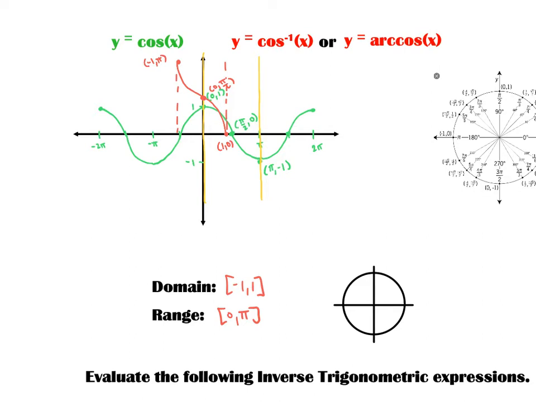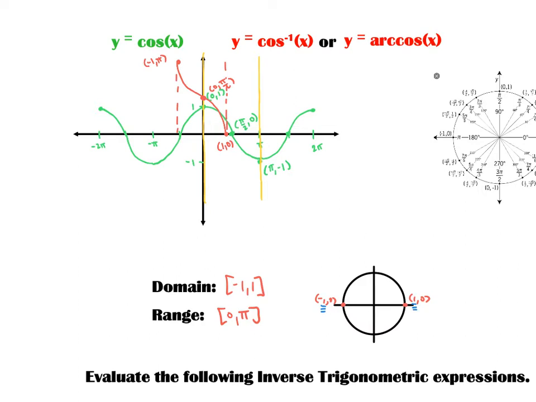Now, if we think about the domain, and the domain is related to cosine, therefore, cosine is the x values on the unit circle. If we're going to go from negative 1 to 1, again, I don't care about the y value on this. All I care about are the x values, because those are the cosine inputs.